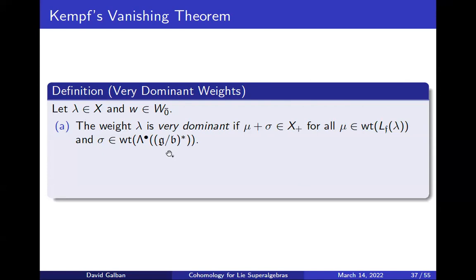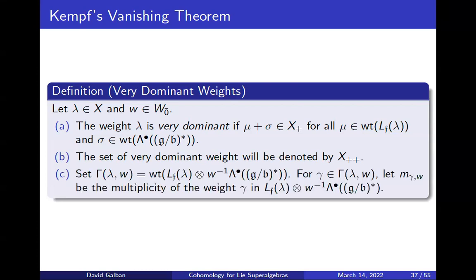If you analyze what this actually means, this just corresponds to sums of distinct negative roots of G for sigma. And we're going to denote the set of very dominant weights by X^++.